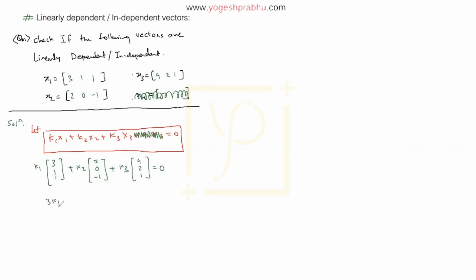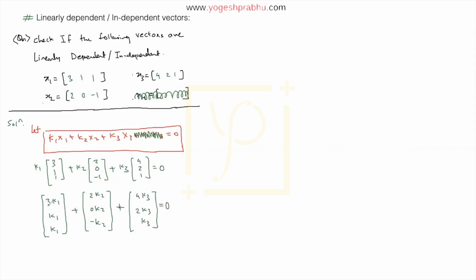This will become 3k1 and k1. Then multiply k2 inside: 2k2, then 0k2, which is 0 only, and minus k2. Then multiply k3 inside: 4k3, 2k3 and k3, equal to 0.